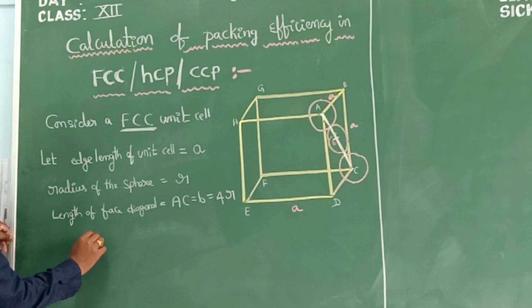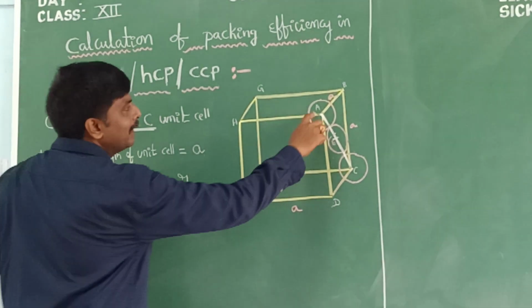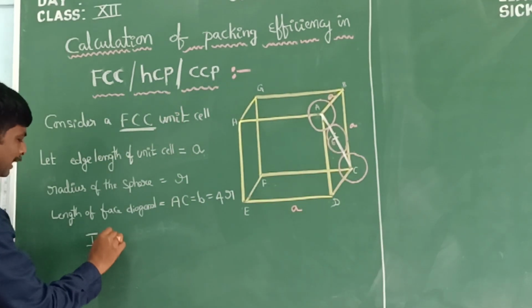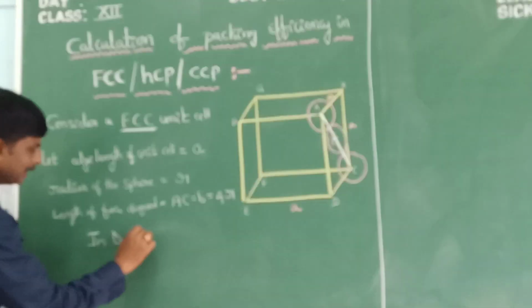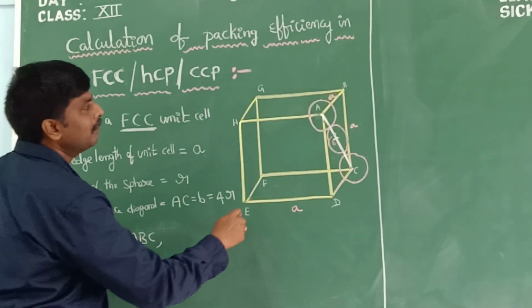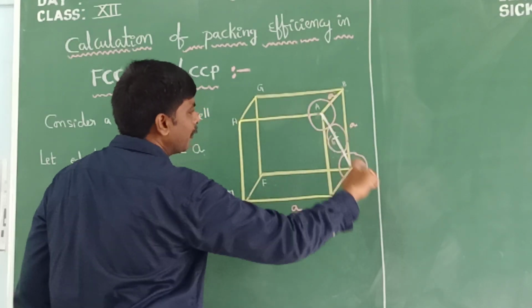Now I will take one triangle in this cubic system, triangle ABC. ABC is a right angle triangle. In triangle ABC, according to the Pythagoras theorem, AB square plus BC square is equal to AC square.